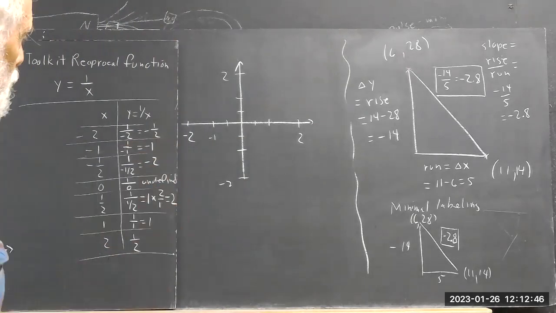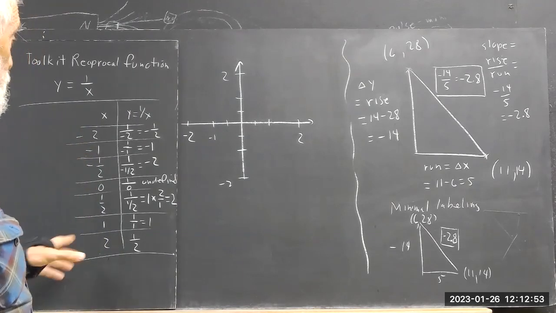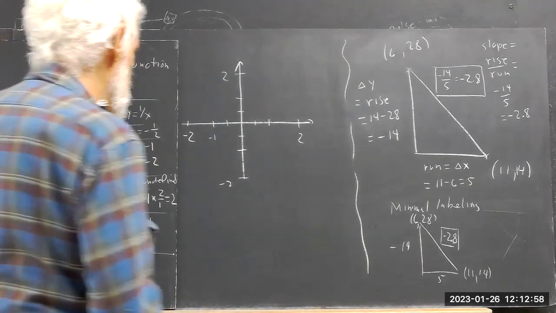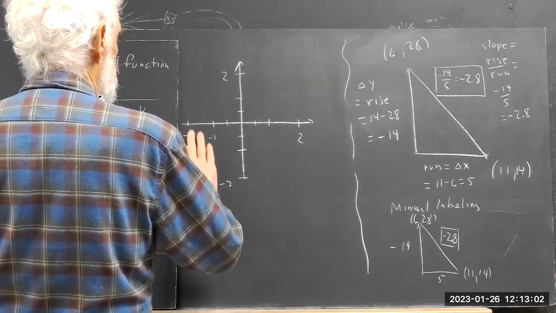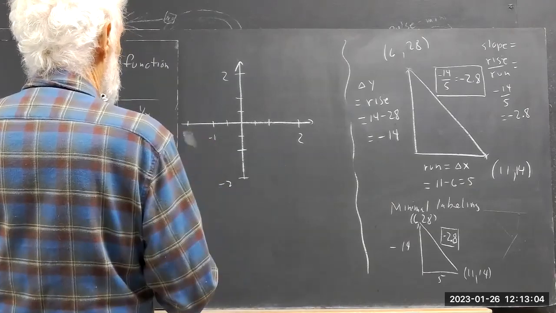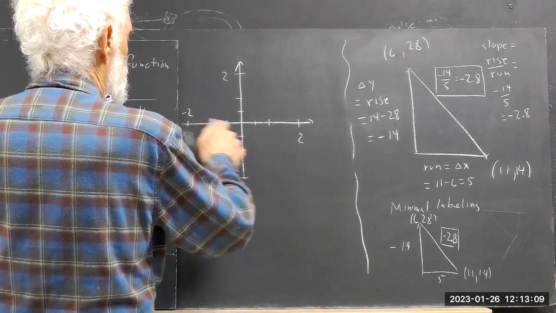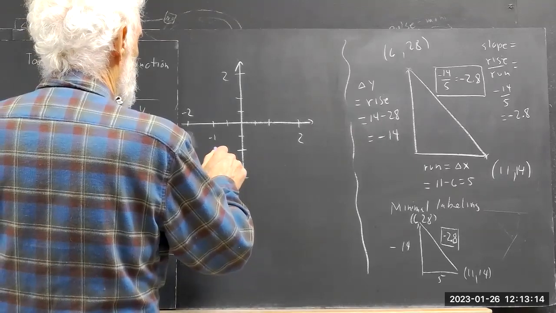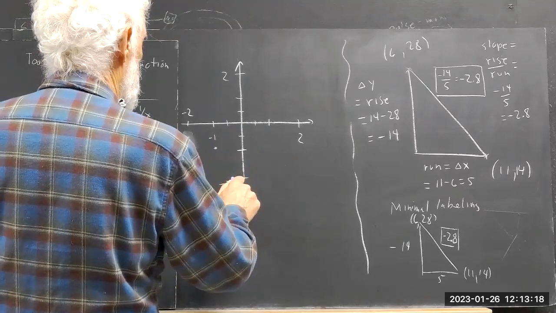Not labeling all these points, but obviously they're these points, okay? Except for 0, we don't do 0. So we plot this. We have -2, -1/2. I better put my -2 label up here, because my -2, -1/2 is going to be here. -1, -1 is here. -1/2, -2 is here.